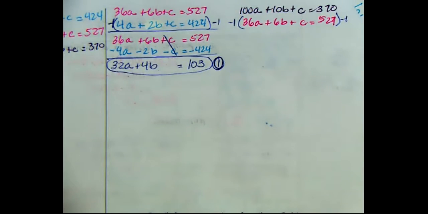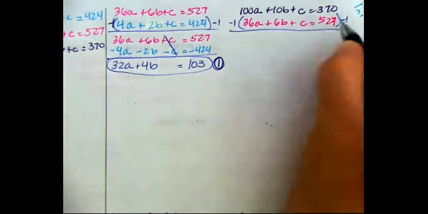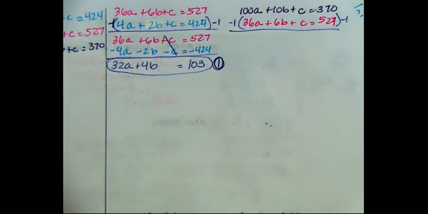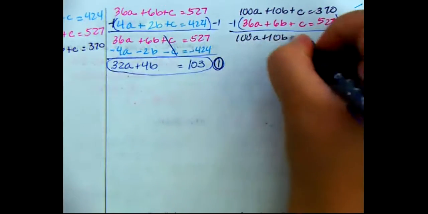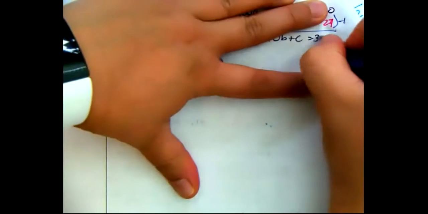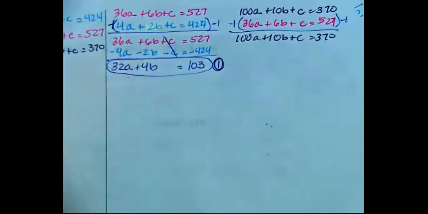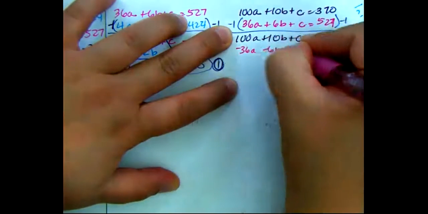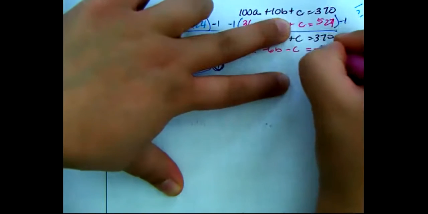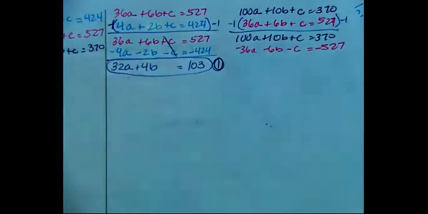So we're going to get 100A plus 10B plus C. And then down here we'll get -36A minus 6B minus C is equal to -527.